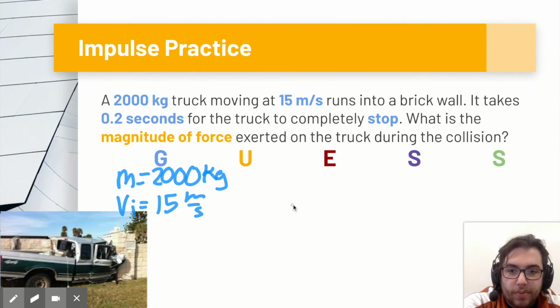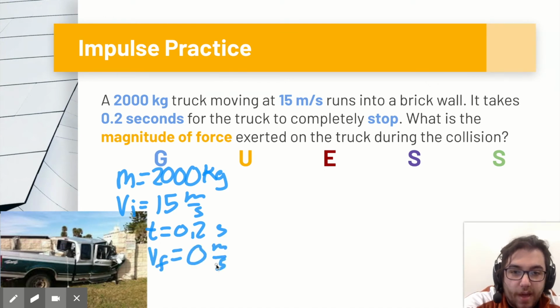It takes 0.2 seconds for the truck to completely stop. So we got a T of 0.2. And we know that the VF is 0, because anytime you see stop or the word rest, you have a velocity of 0. So what is the magnitude of the force exerted on the truck during the collision?